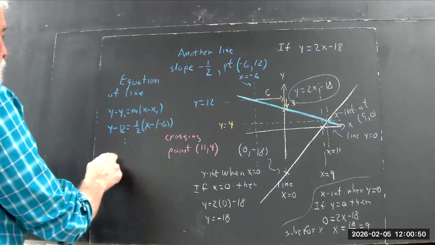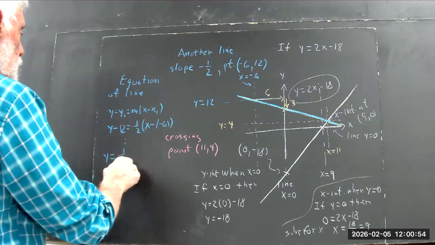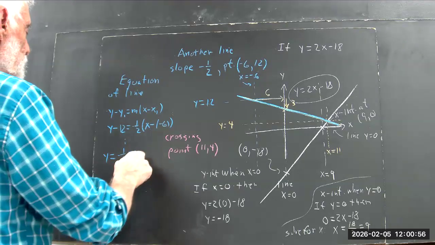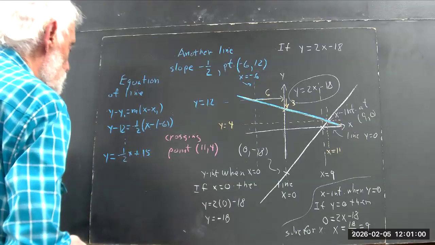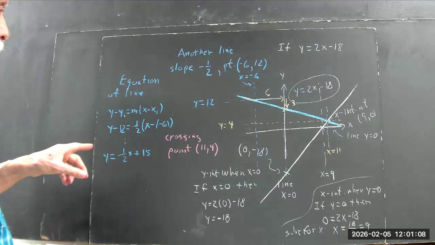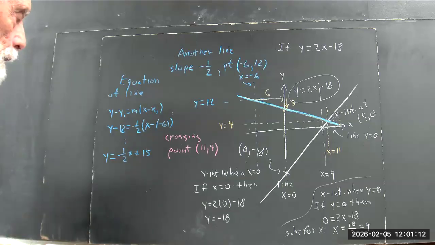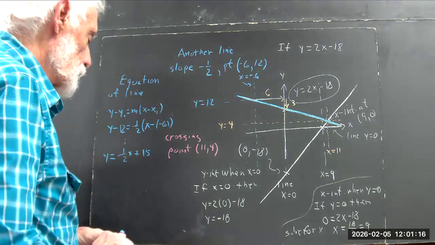If we solve this equation for y, we get y equals negative 1/2 x plus 15. And that works. Okay, that gives us a given point, and it has to have the right slope.